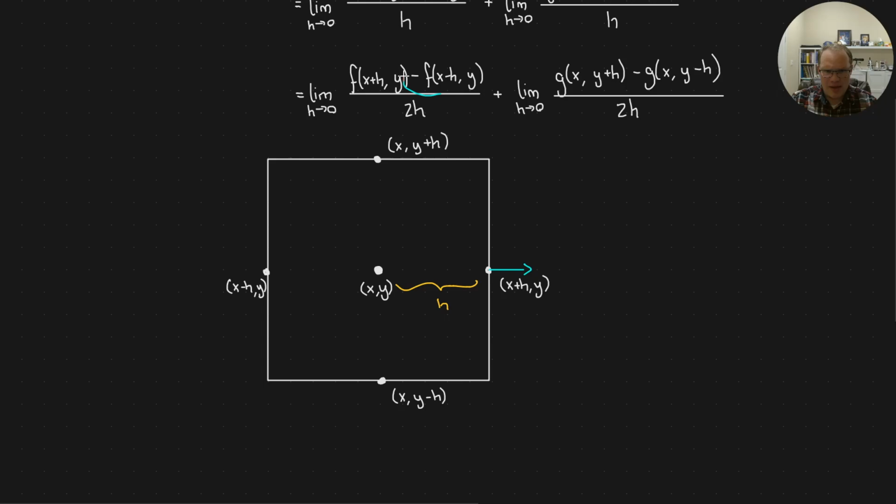Okay, and then we subtract f of x minus h, y. That's this point. It's again measuring the x direction, but it's negative, so it's checking how much the vector field is going in that direction. Just to give you some sense of what's going on, if this is a vector on our vector field, then we could break it into two components.